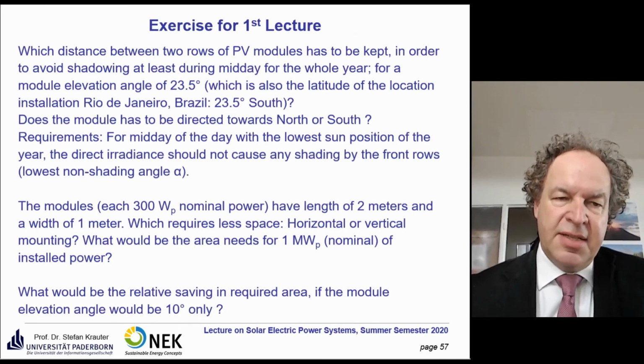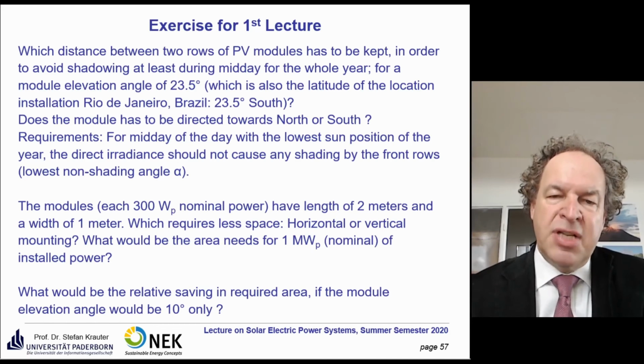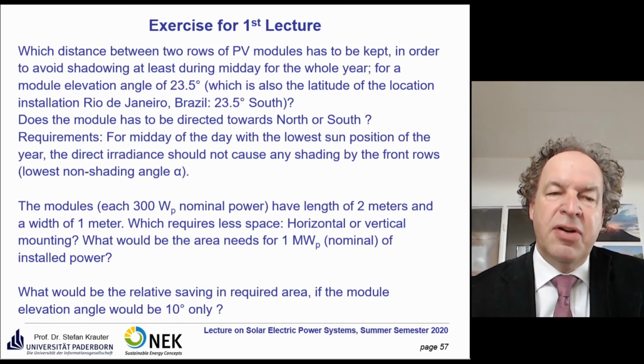So the first exercise was which distance between two rows of PV modules has to be kept in order to avoid shadowing, at least during midday for the whole year. So in summer we won't have any problems because the sun is rather high, but I think the worst case is 21st of December in the northern hemisphere. But while we are going to Brazil, southern hemisphere, it's not the 21st of December.